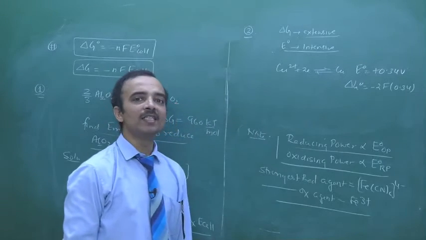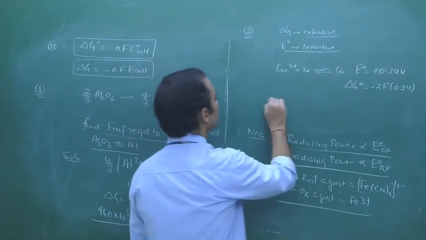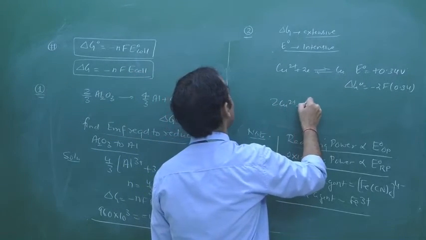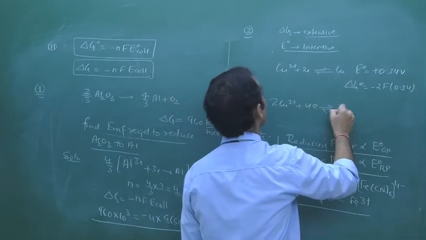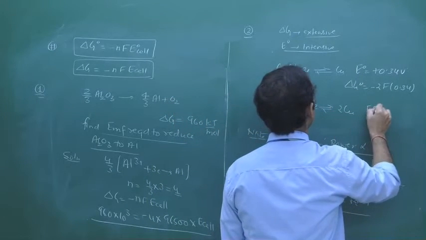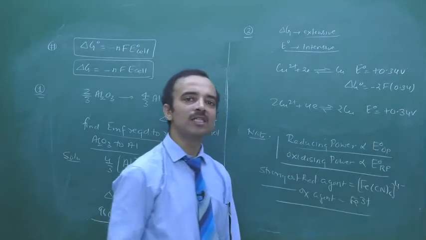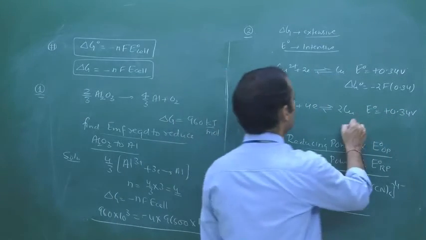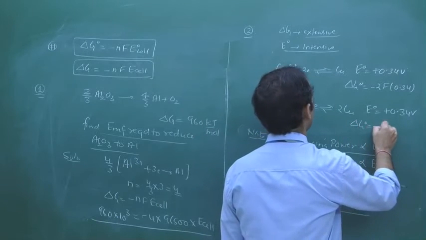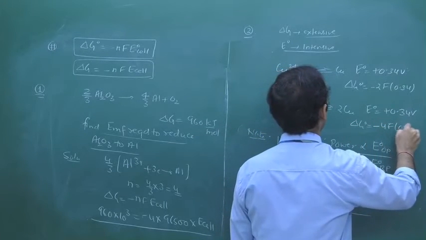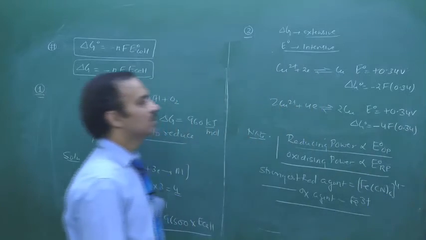If we multiply this equation with 2, then E naught still remains the same, but delta G naught now becomes minus 4 into F into this. Is it clear?